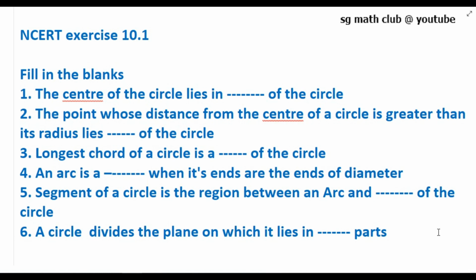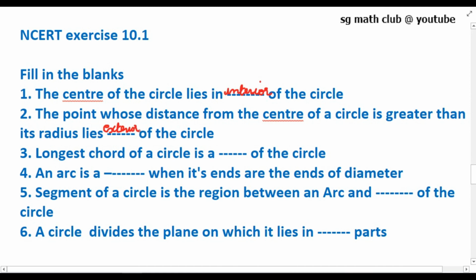So next we will do exercise 10.1. The center of the circle lies in the dash of the circle. We know the center of the circle lies in the interior of the circle. The point whose distance from the center of the circle is greater than its radius will lie in the exterior of the circle.